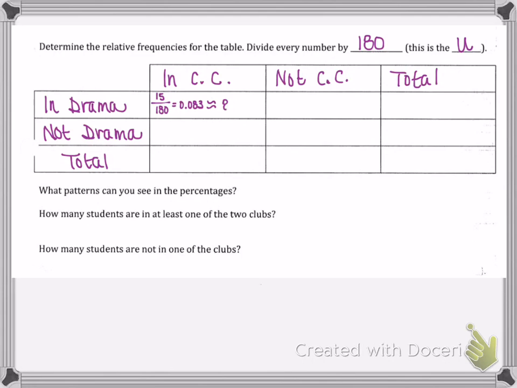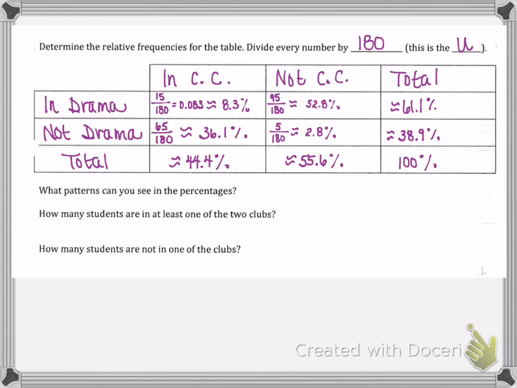This is about 8.3% of the surveyed students were in drama and in computer club. We'll do the same thing with every single one. The next one you would do 65 out of 180. Divide that, get a percent by multiplying by 100. This is about 36.1%. So go ahead and do that for the rest of the regions.